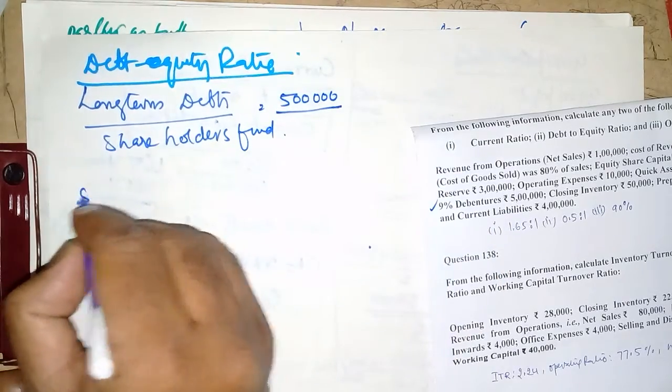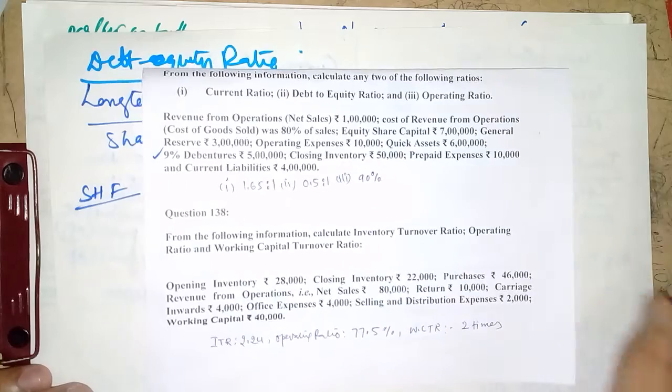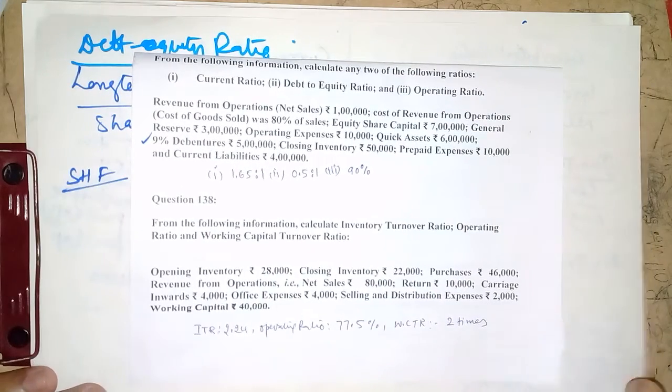Then I need to have shareholders fund, SHF. I have written the abbreviation. What is this shareholders fund? Amount belonging to shareholders.